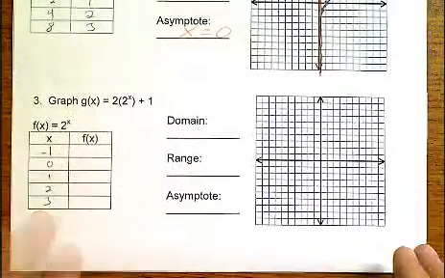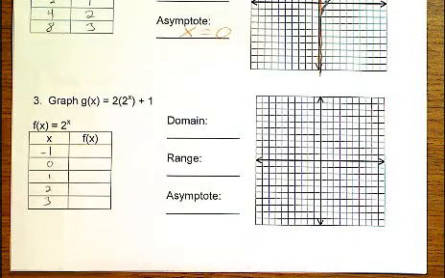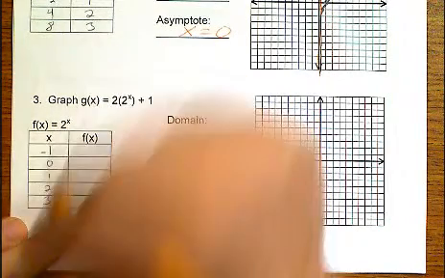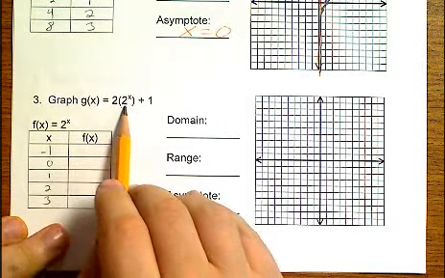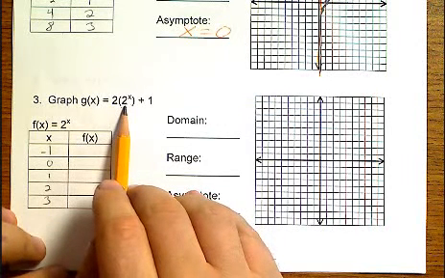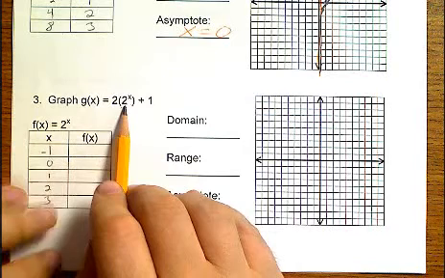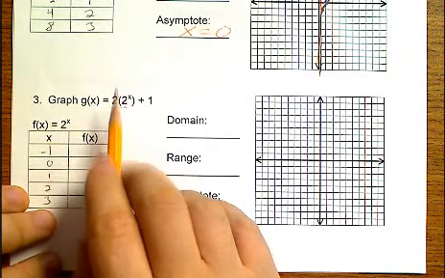So I want you to notice that they've got the 2 to the x in parentheses, because this 2 is our base, and it doesn't affect how our graph goes as far as transformations. This 2 right here, this is the a value.